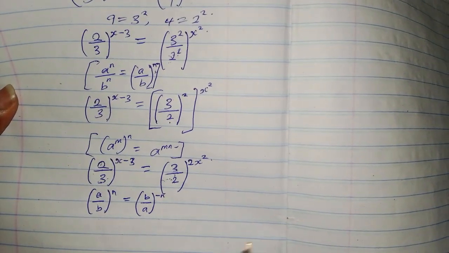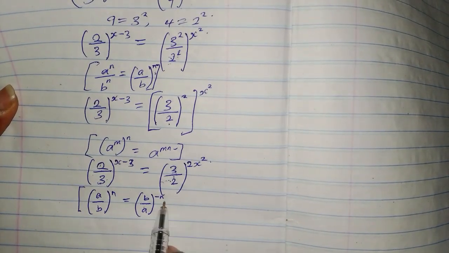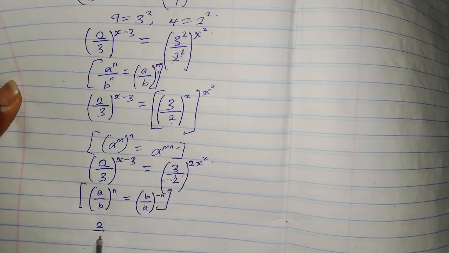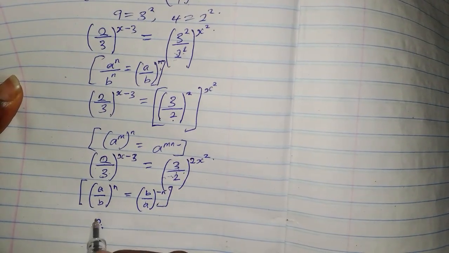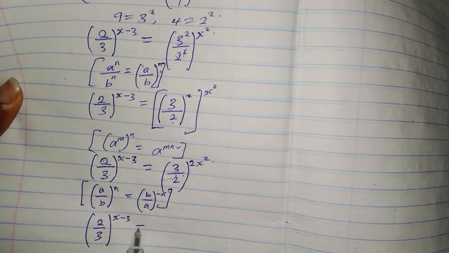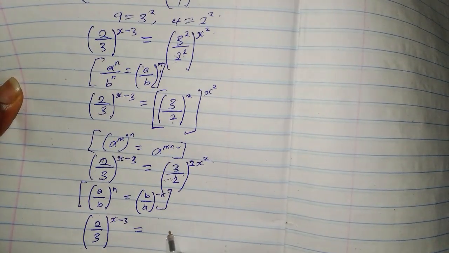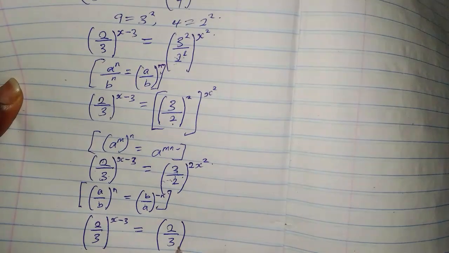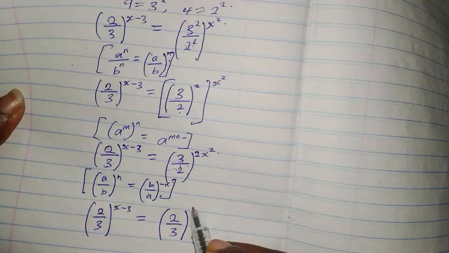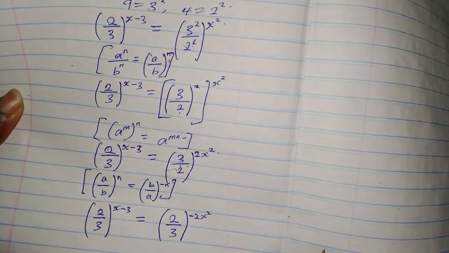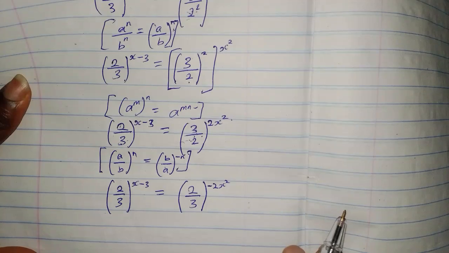If I put this through, I simply have (2/3)^(x-3) equals, now it becomes, (2/3)^(-2x^2). So this is what we are now having.